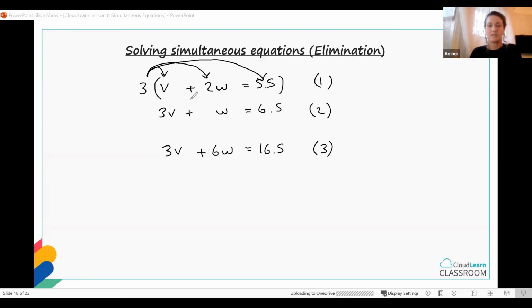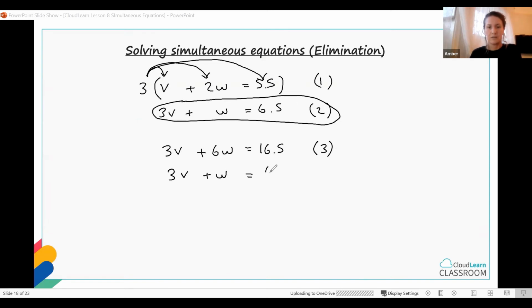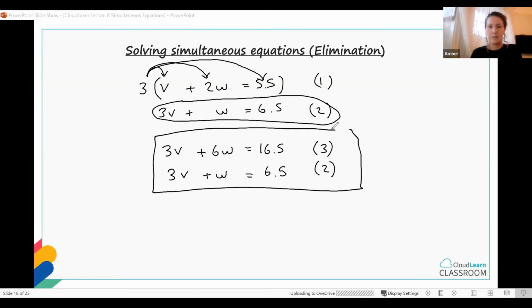Then I just rewrote equation 2 underneath, because now I've got an equation with 3v and another equation with 3v. So I was able to solve equation 2 and equation 3 together. These 2 could be solved, but these 2 couldn't. Equation 3 is actually an equivalent equation to equation 1.